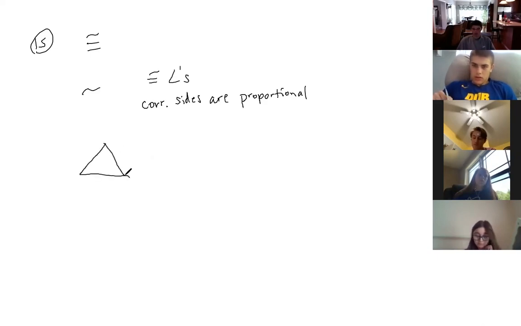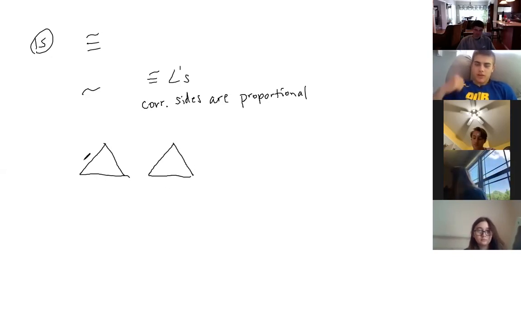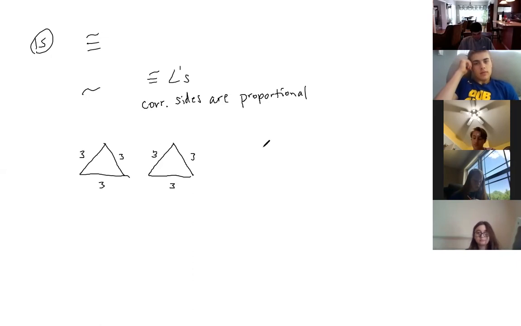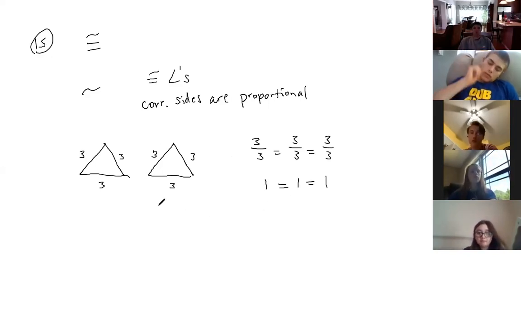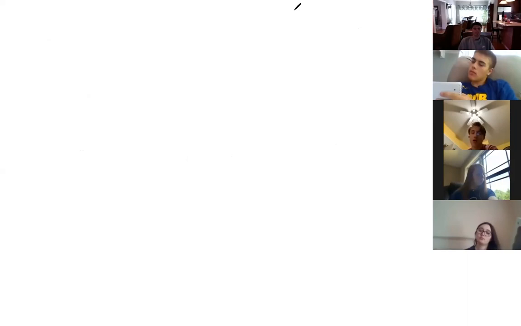Excellent, Zach. That's more like it. If I've got two congruent triangles, that means all the sides are equal to one another. So when I do corresponding sides are proportional, that's 3 over 3, 3 over 3, 3 over 3, 1. So yes, are congruent triangles also similar? Yes, they are.